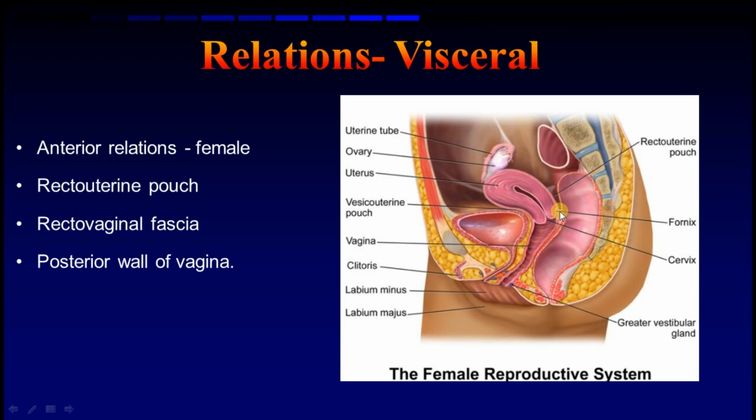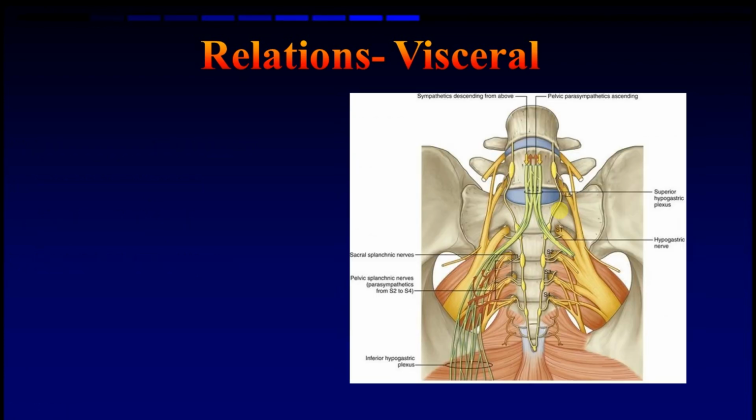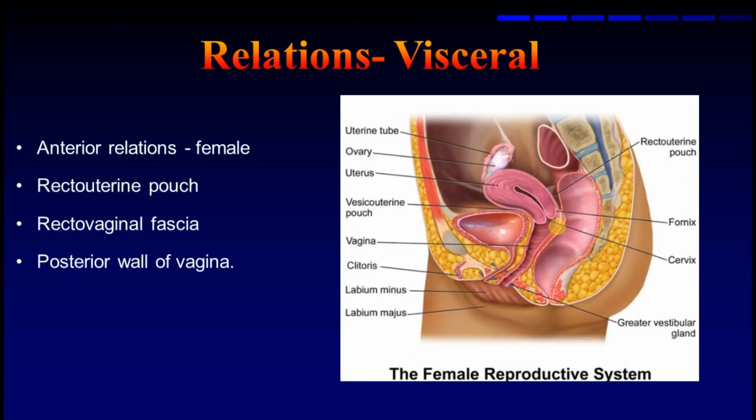This rectouterine pouch lies 5.5 centimeters from the anal opening. So rectouterine pouch is at a lower level as compared to rectovesicular pouch in case of the males. Okay, so that is the anterior relations of the rectum in case of the females.